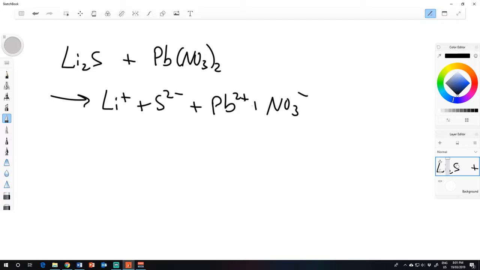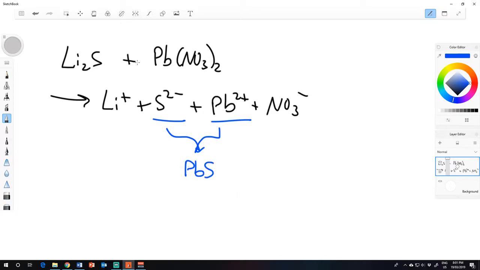And of these ions, if a precipitate forms, that's where we'll take the net ionic equation from, whatever precipitate forms. So in this case, to the best of my memory, it's going to be the lead(II) and the sulfide combining together. And these two will form lead sulfide.